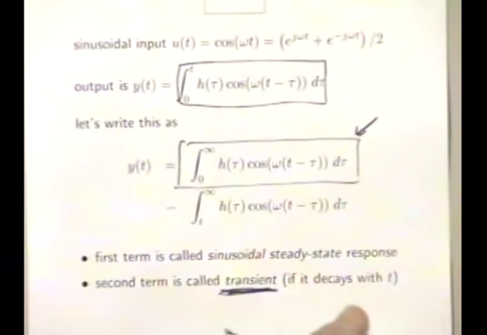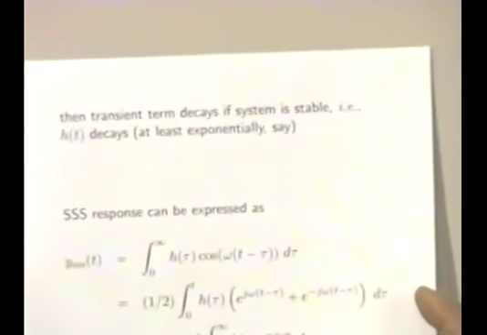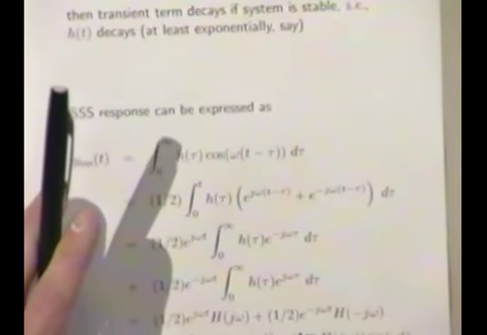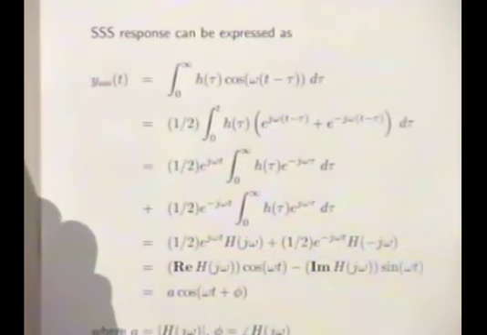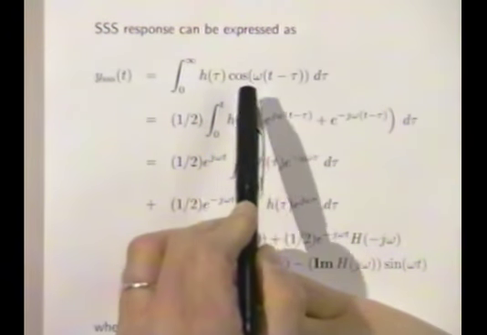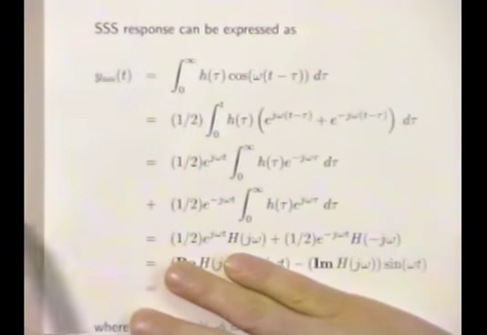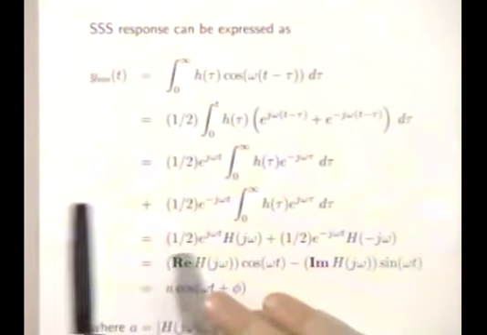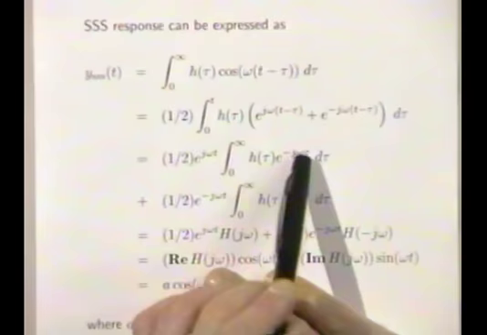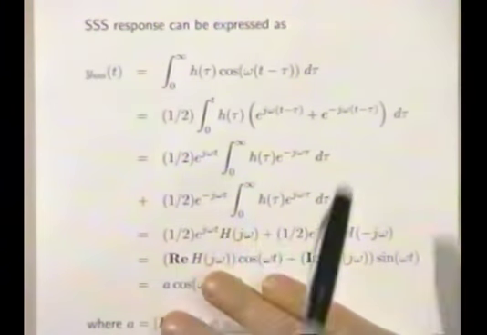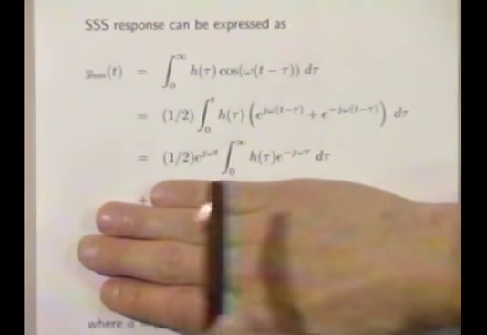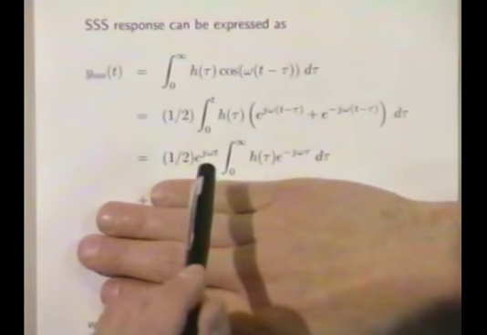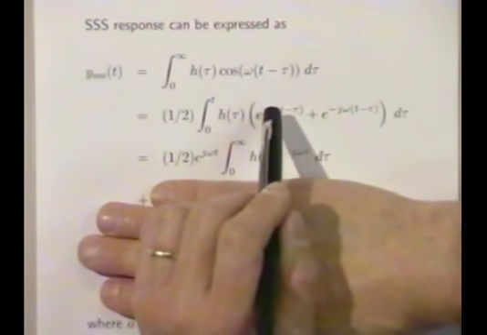It can also grow with time, but that's another story. So if you now work out the sinusoidal steady state response, it's this integral. Now I'm going to plug in cosine for these exponentials here, and I get this. It's this 1/2, that's this term, plus 1/2, that's this term, and now this thing here. What I've done is I've taken the e to the j omega (t minus tau).